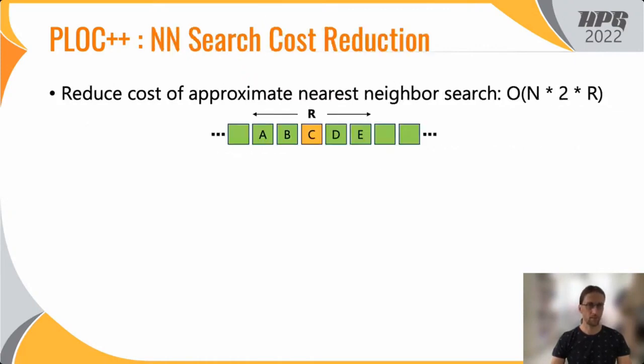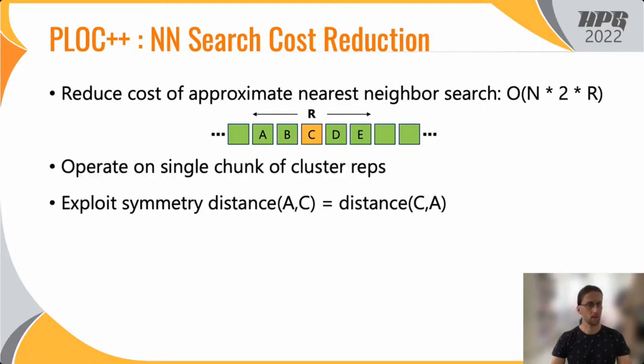So in the next step, our task is to reduce the cost of the nearest neighbor search. Obviously, if you have n elements, the cost of this phase is n times 2 times r. Again, we operate on a single chunk of cluster reps at a time, and in order to reduce the cost, we exploit the symmetry of the distance function, which again is the area of the merged bounding boxes.